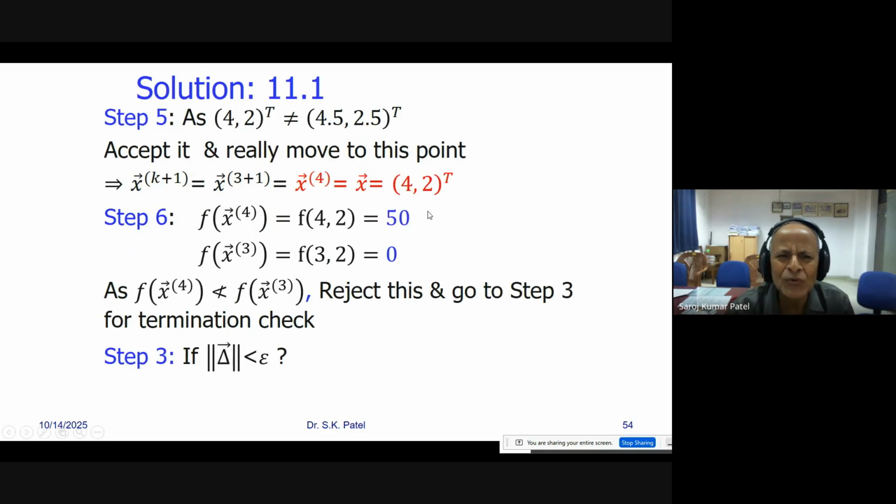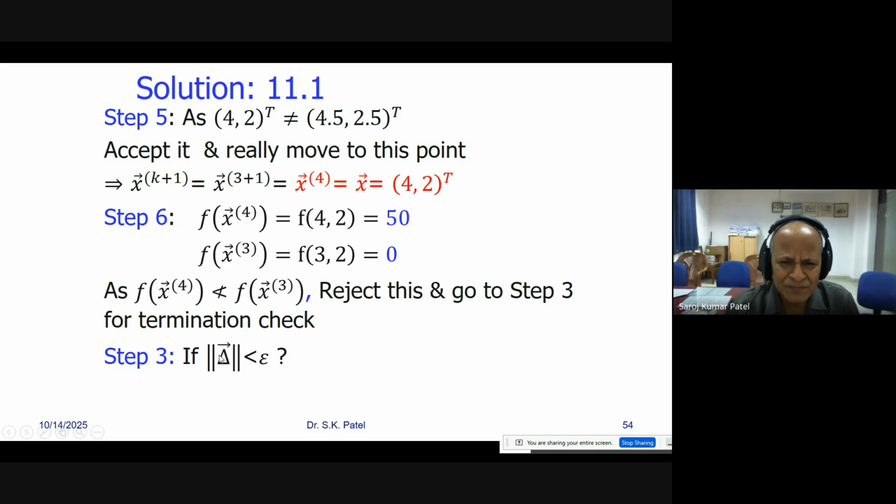At 4.2, the function value is 50, but at x3 the function value is 0. So for the first time, the function value is now rising. You see, from 0 to 50 it is increasing. Now we want the minimum value, so don't proceed further because we have observed that the function value is rising. So we stop here and check whether the termination has come.